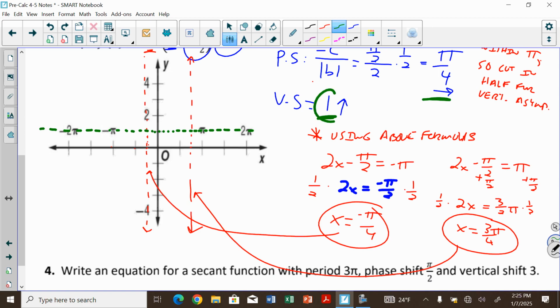But because of this vertical shift here, it's going to move it up 1. And we usually start at 0, 0, but we're going to start at pi over 4 because we're shifting to this part here. So our starting point is actually going to be right here for the sine graph.